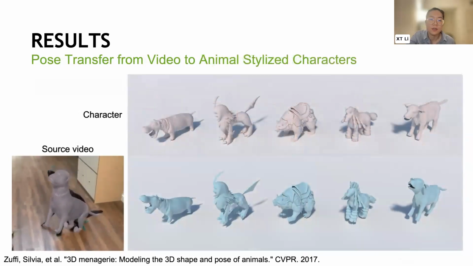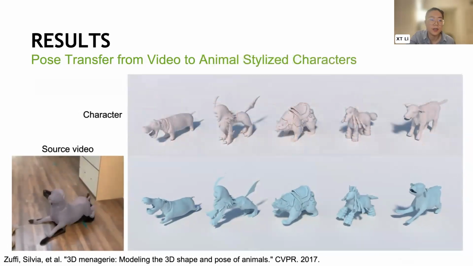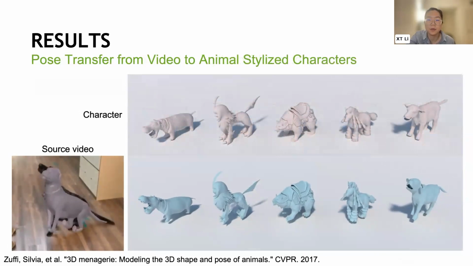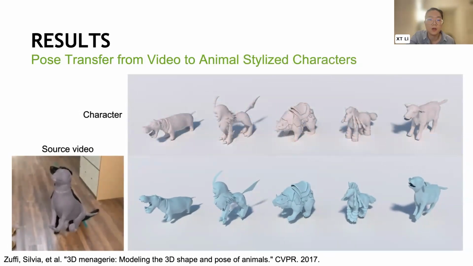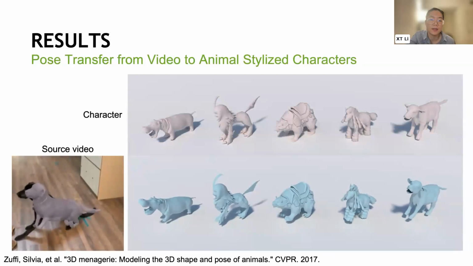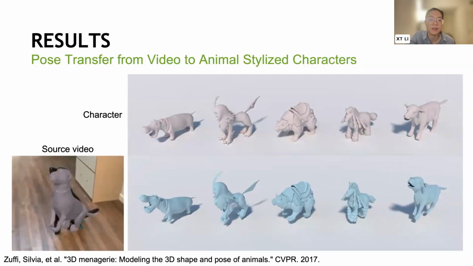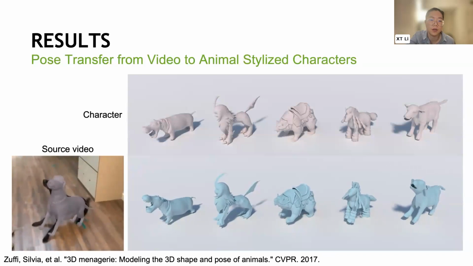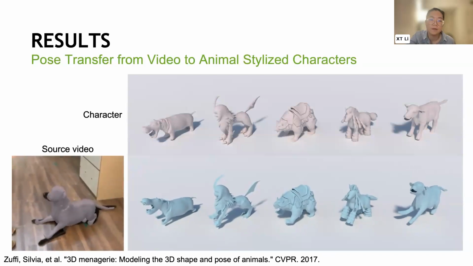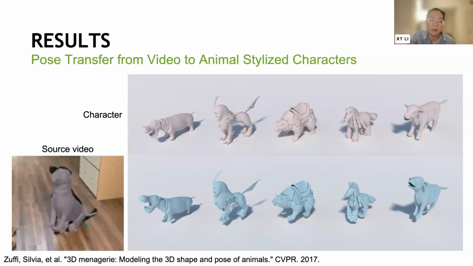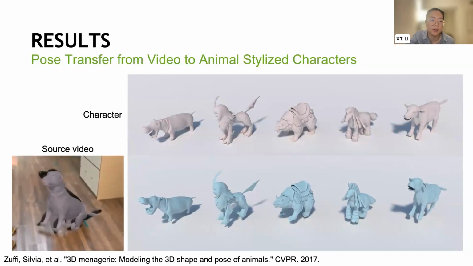Finally, to show the true generalization ability of our method, we also train our model on quadrupeds synthesized by the SMAL model. This is a parametric model for quadrupeds. After training, we apply our model to stylize the animal character.